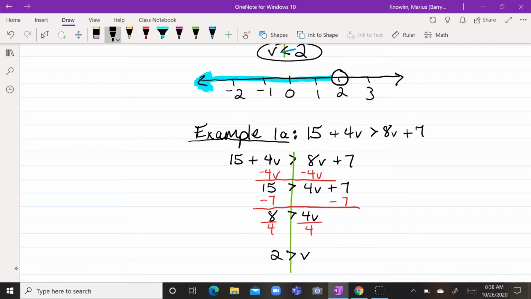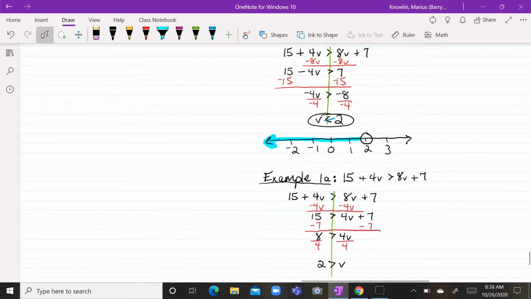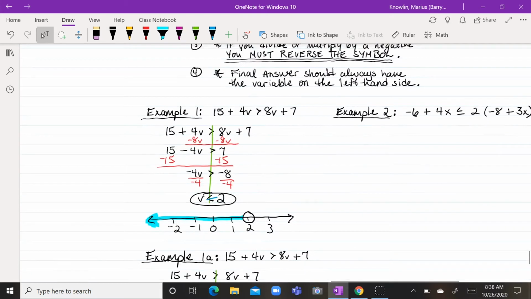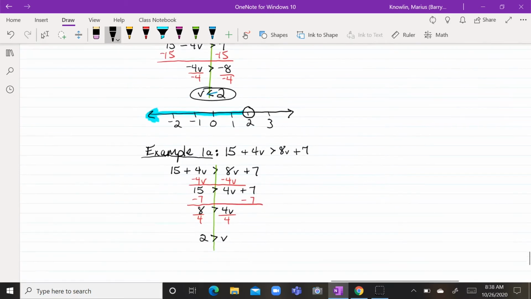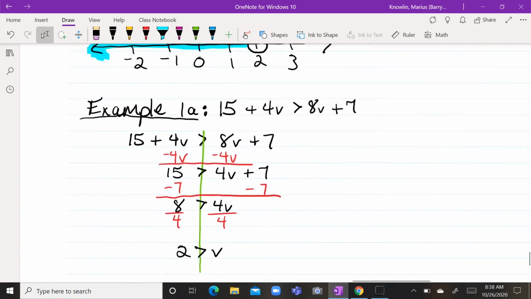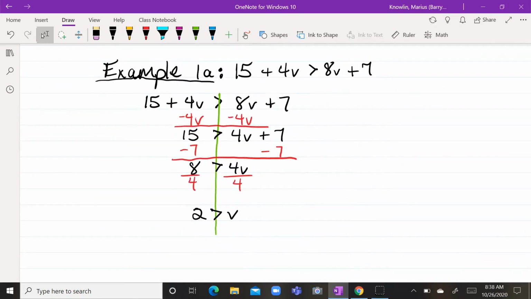Now, note number 4 at the top says the final answer should always have the variable on the left hand side. Nothing we did was incorrect, but our final answer has to have the v over here and a 2 over here. What you need to pay attention to is right here.